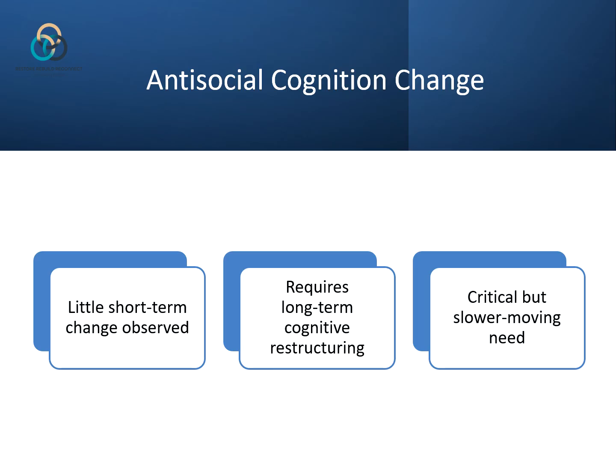Now, changing thinking patterns can take a long time to change, and maybe someone changes one thinking pattern, but there are other thinking patterns that need to be changed. And so this can be a long process. So it's good to be aware that there may not be significant changes in antisocial cognitions, one of the risk factors, but they can change, but it can take time.